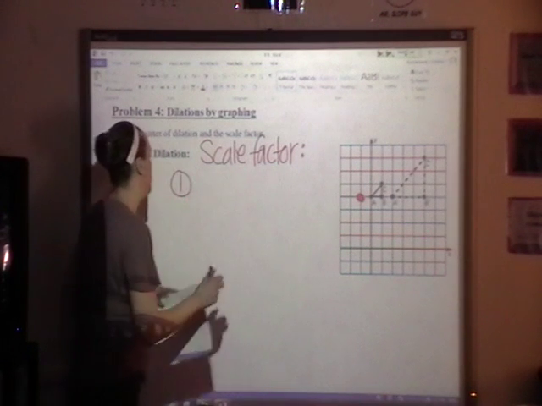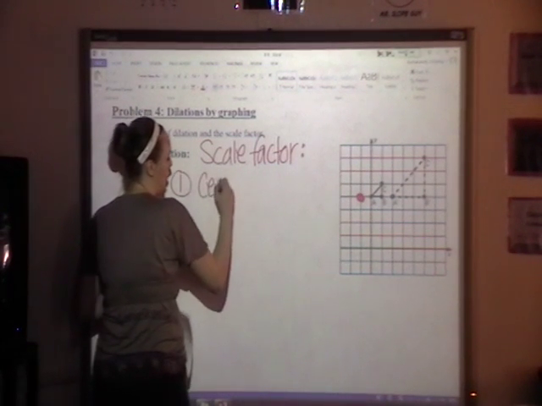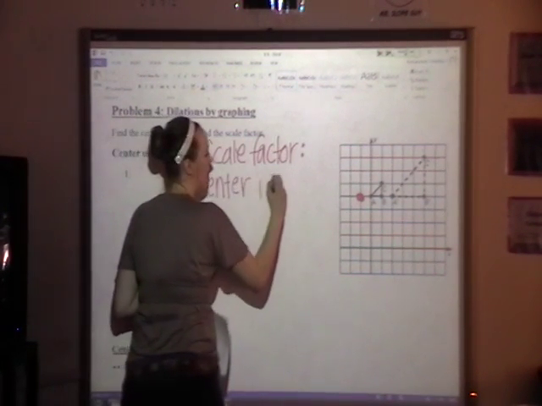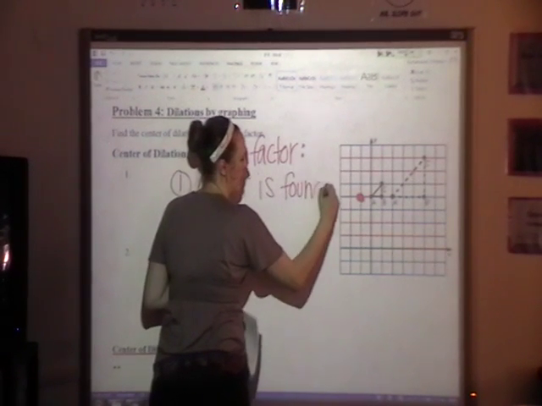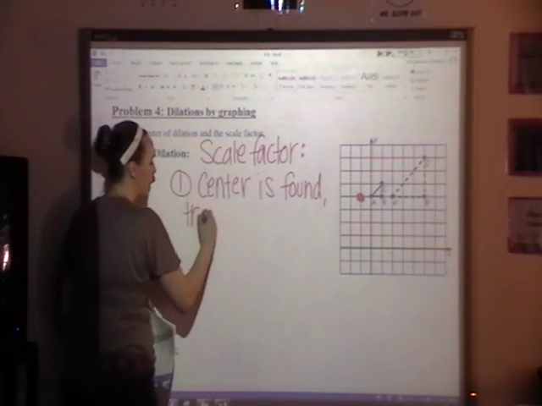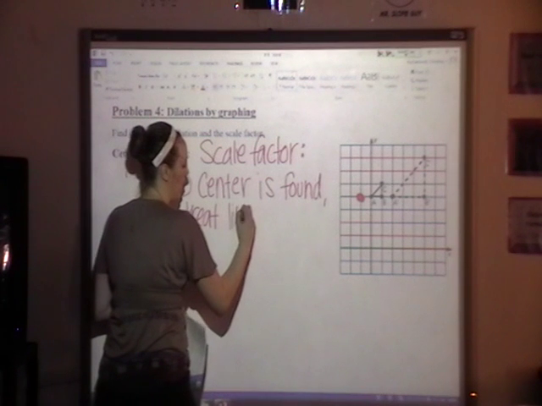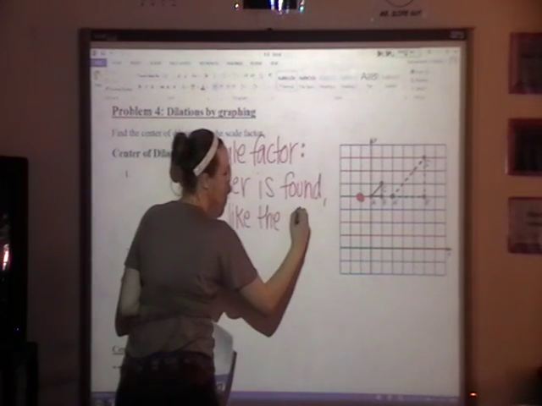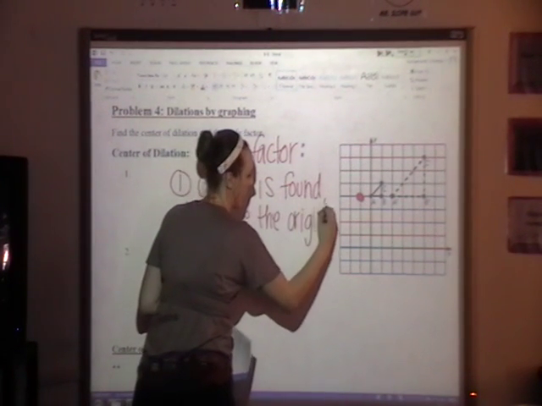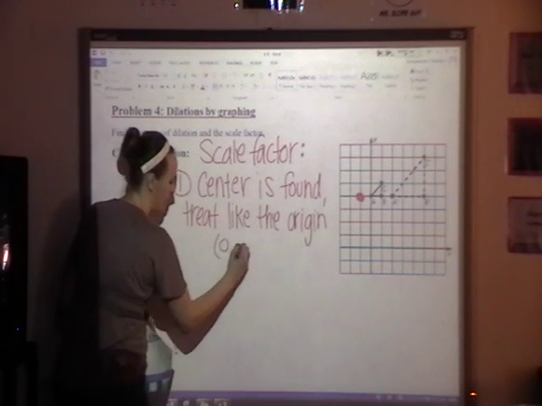Once the center is found, treat it like the origin, 0, 0.